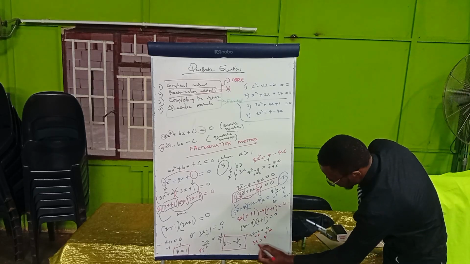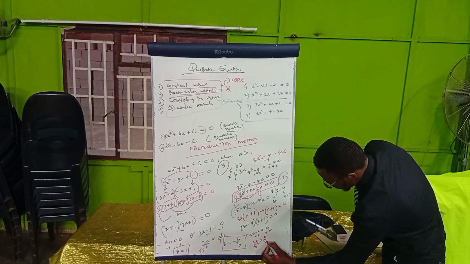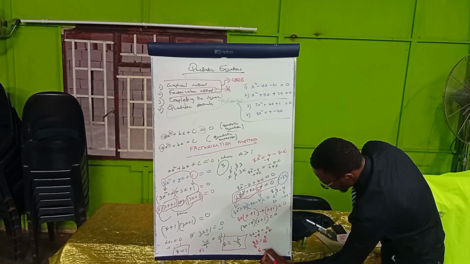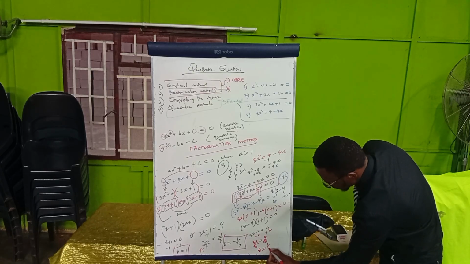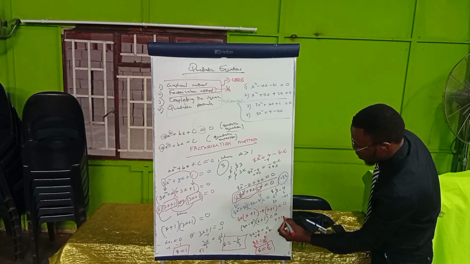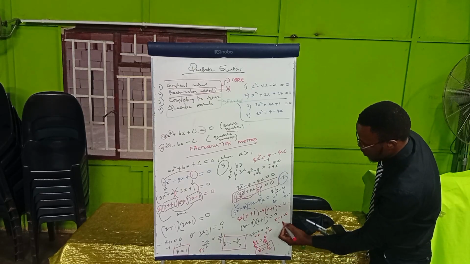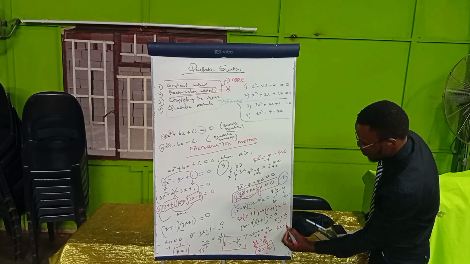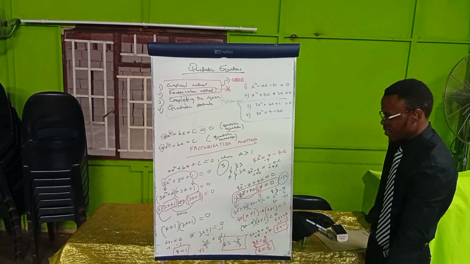Divide by 8, exactly. So that means x is equal to 4 divided by 8, which gives us 1 over 2, or half. Then for x plus 1 is equal to 0, we will simply subtract 1 both sides. So the answer is x is equal to negative 1.